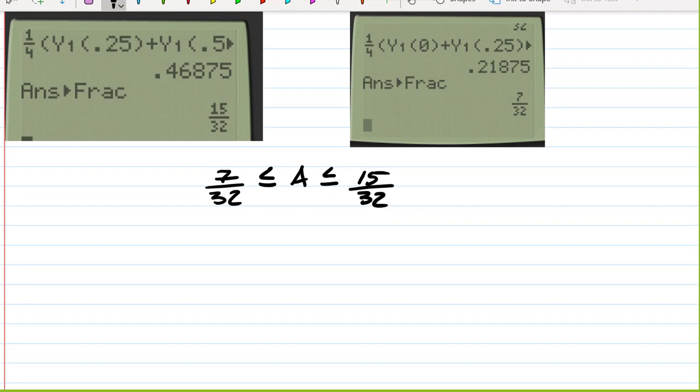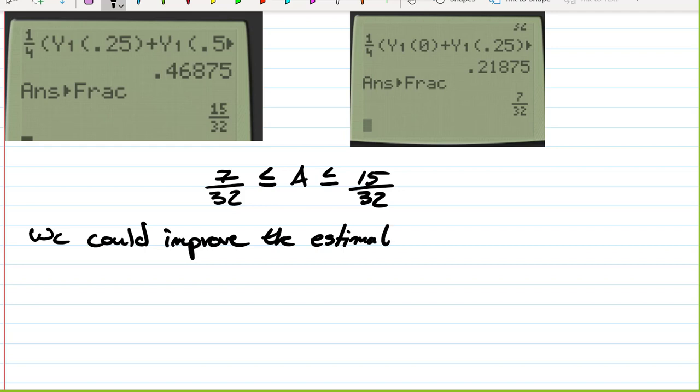So based on this, we could improve our approximation by averaging the overestimate and the underestimate.